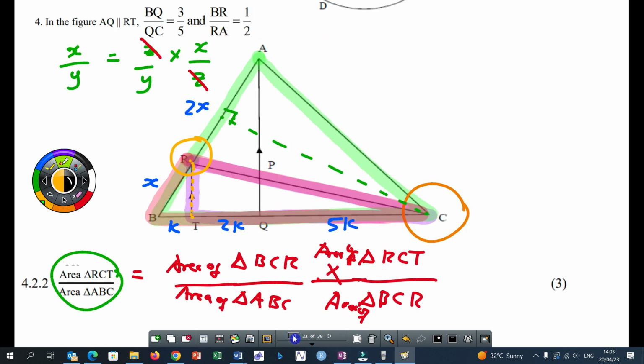Times, now, triangle RCT and triangle BCR share a common height as well, so the ratio of their areas will be equal to the ratio of their bases. What's the base for RCT? It's TC, which is 2k plus 5k, that's 7k.